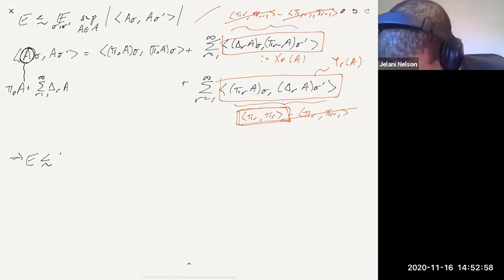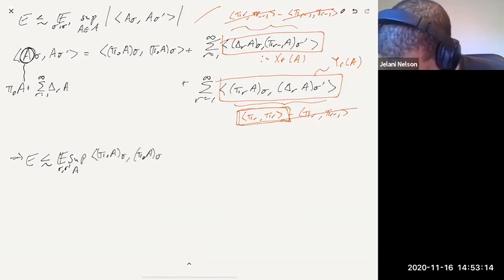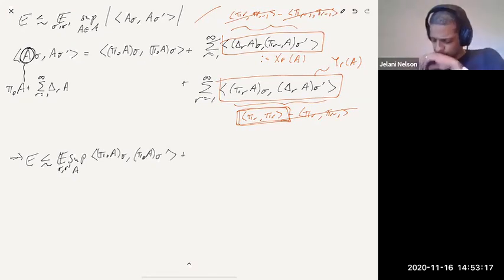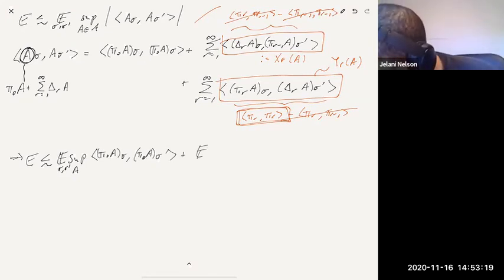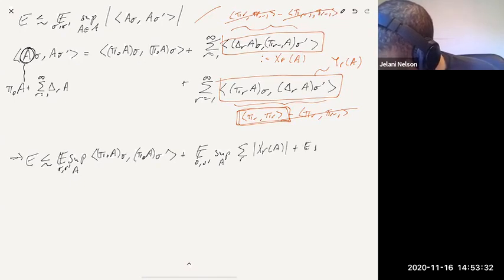E is at most the expectation of the sup over a of pi_0 a(sigma) dot pi_0 a(sigma prime), plus the expectation over sigma, sigma prime of the sup over a of the sum over r of X_ra, plus the expectation of the sup of the sum over r of Y_ra.